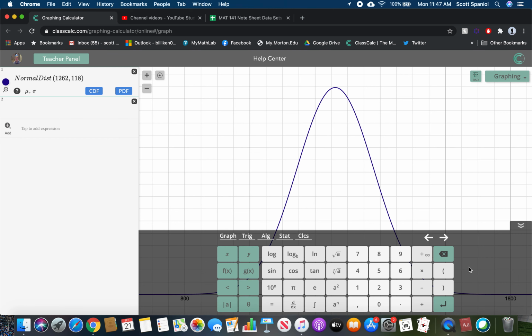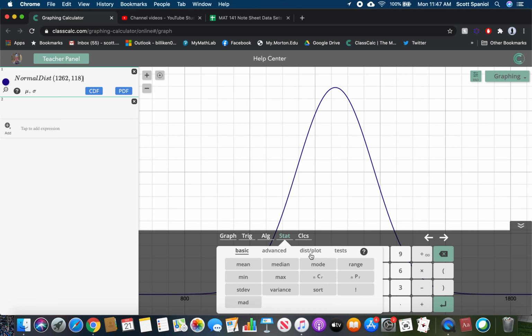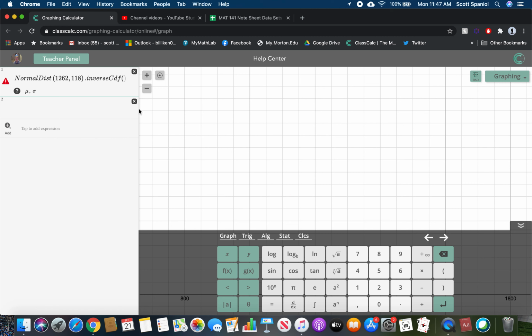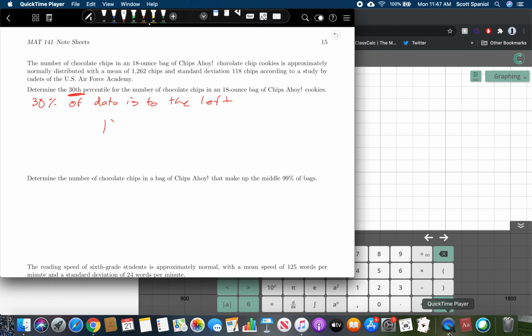So go down to your menu, choose Stat, choose Distribution Plot, and choose Inverse CDF. And then you can just put in the area to the left, which in this case is 30%, which is 0.3. And so what we find is we get 1,000.12, so that would be 1,200 would be the 30th percentile.